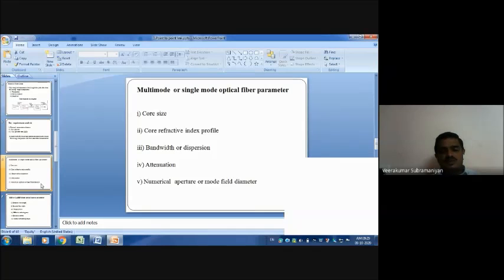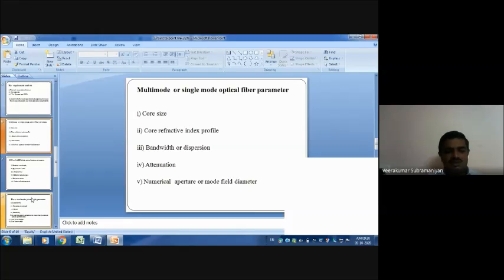Then mode field diameter, how much diameter you have to select for this particular light signal transmission. These are all the different parameters we must consider before designing or selecting our particular fiber optical cable.